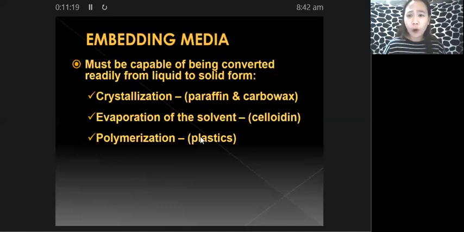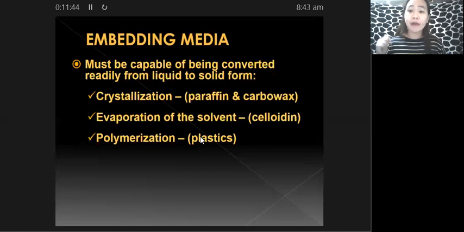In order for it to penetrate your tissue sample, it has to be in liquid form. Can a solid medium infiltrate your tissue sample? Of course not. That's why in infiltration, you need the liquid form of your medium.